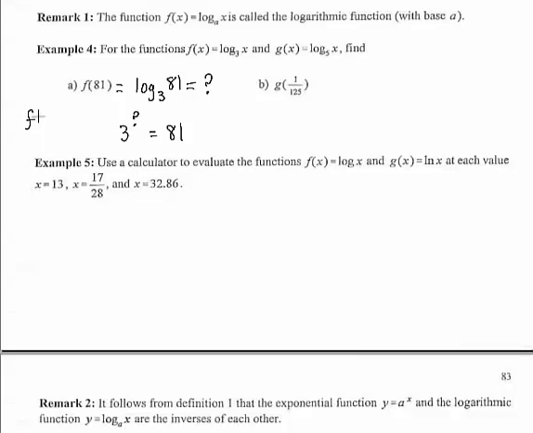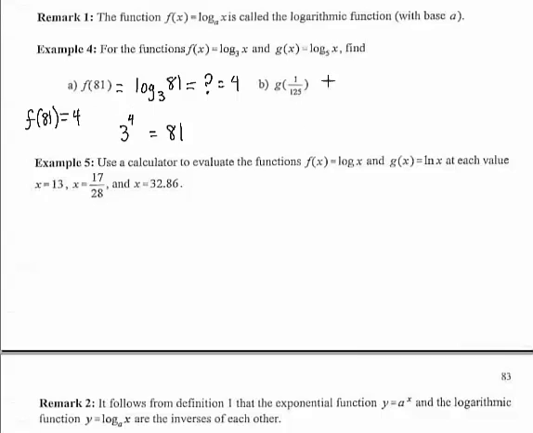So f of 81 equals 4, because 3 to the 4th power is 81.